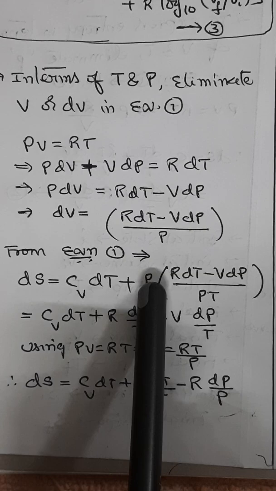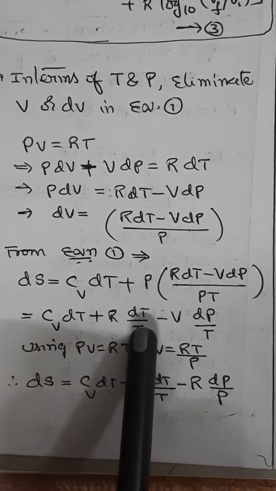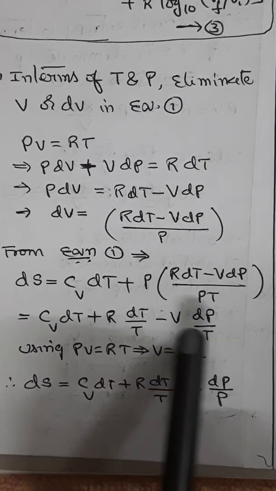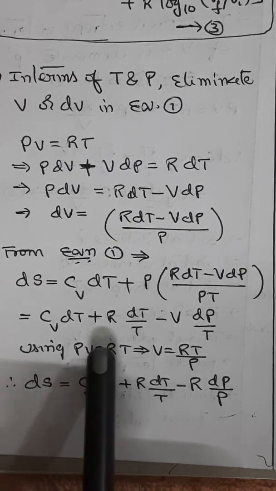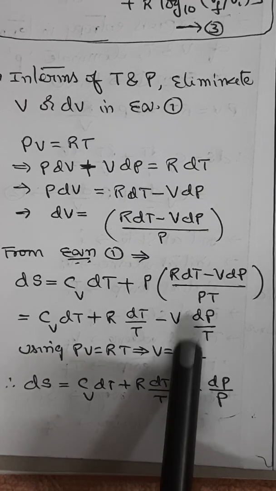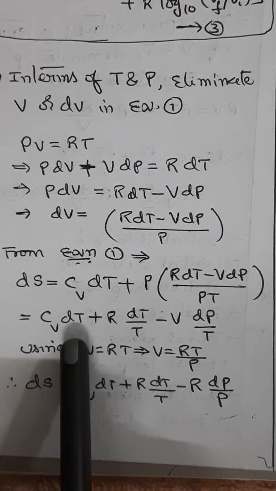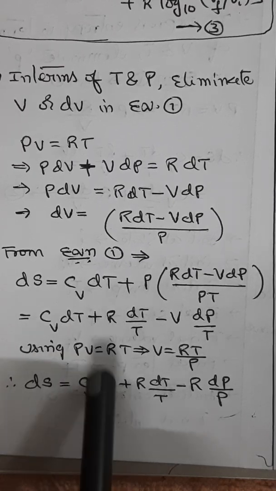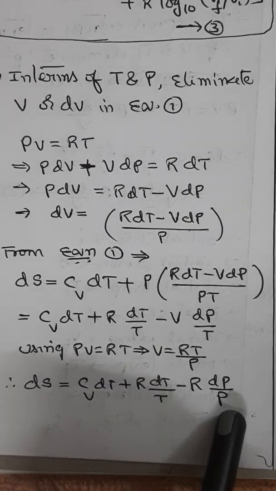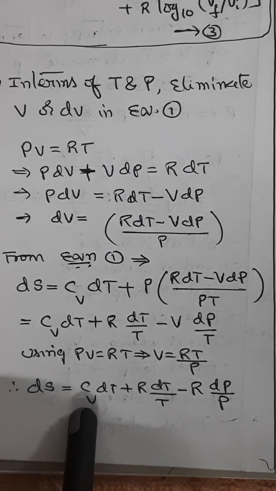So strike off P and rewrite it as dS equal to CvdT by T plus RdT by T minus VdP by T. Again, use the equation PV equal to RT, from where you can find the value of V as RT by P. So substitute V as RT by P, you will get dS equal to CvdT by T plus RdT by T minus R dP by P. So by striking off the values, got it?